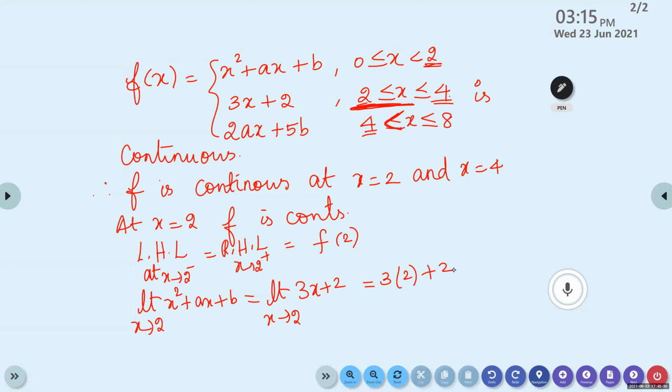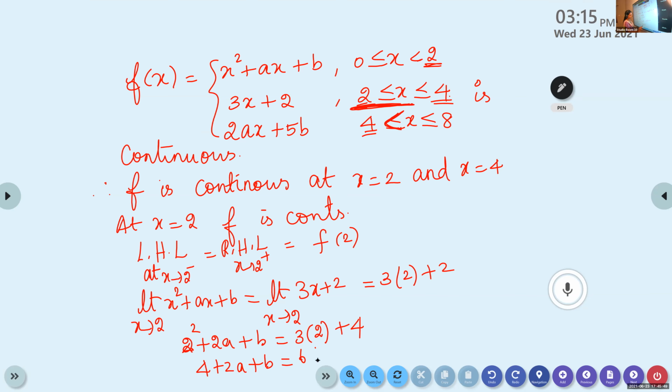Okay. Now you take the limit. When you put x is 2, 2 square plus 2 into a plus b is equal to 3 into 2 plus 4. So we will get 4 plus 2a plus b is equal to 6 plus 4.